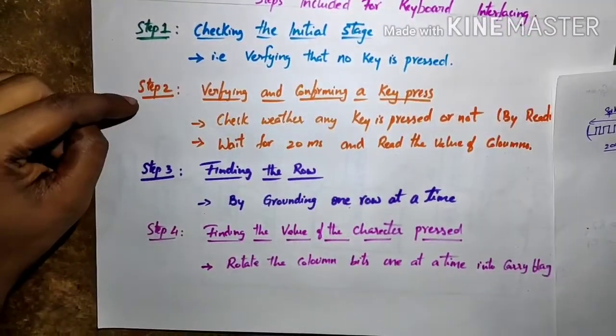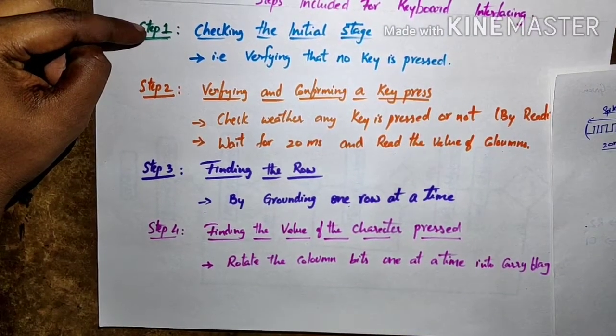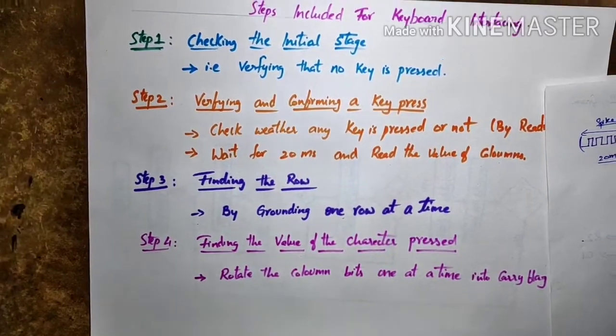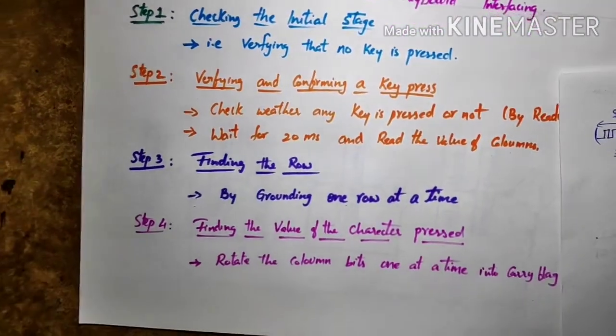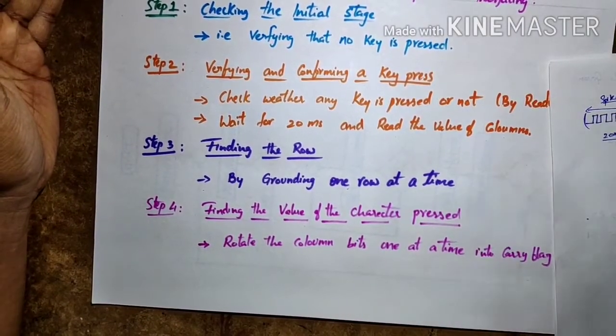So this is step 2. Initially it checks the initial stage, and the second step is to identify and confirm a key press.